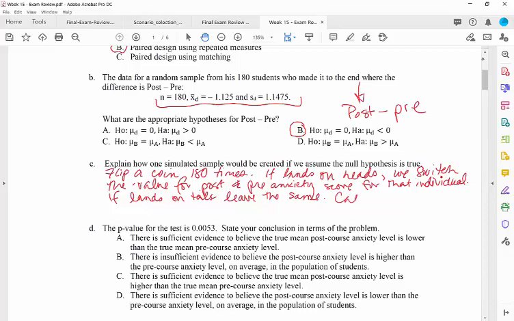And then we're going to calculate and plot the mean difference in anxiety score for post minus pre.